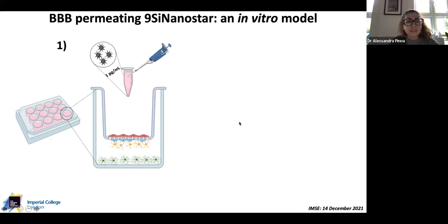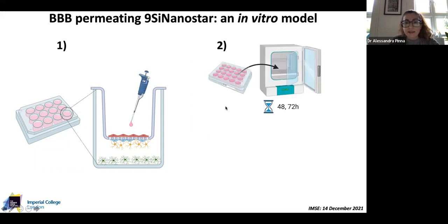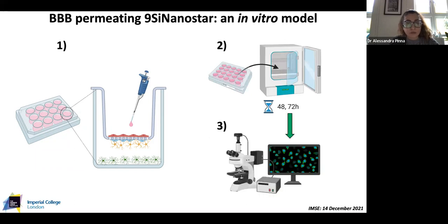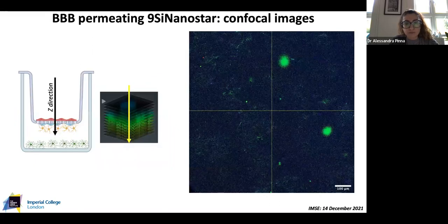So what we did was incubate this BBB model with 1 microgram per ml of nanoparticles, and then see what happens after 48 and 72 hours of incubation. And we fixed and stained the cells, I mean the whole model, and we took some pictures and did some analysis at the confocal.